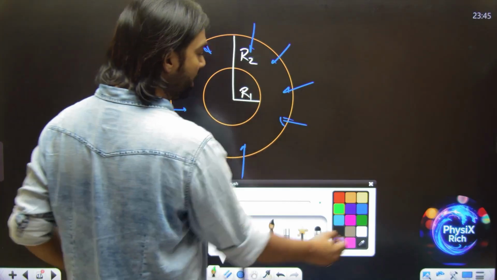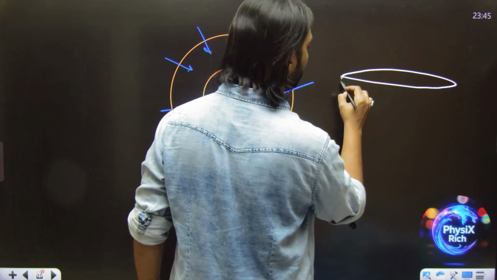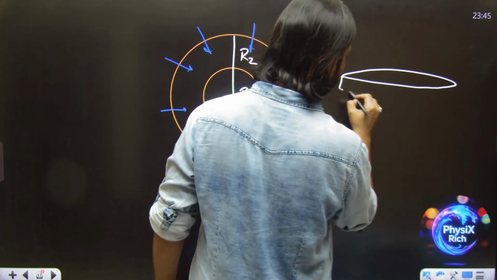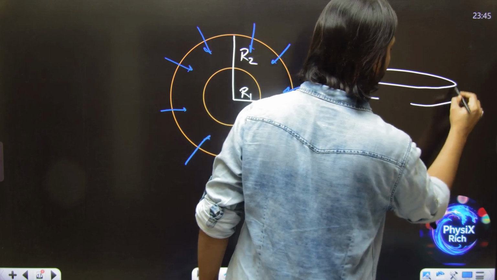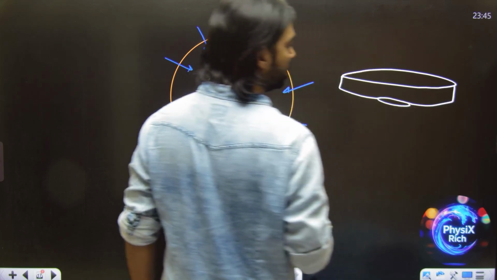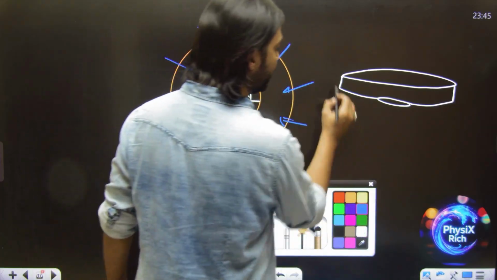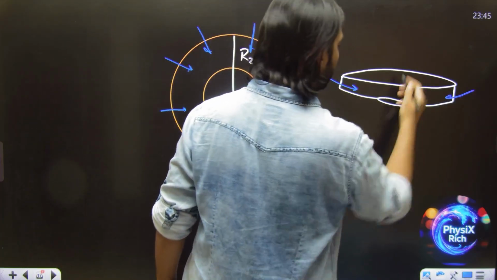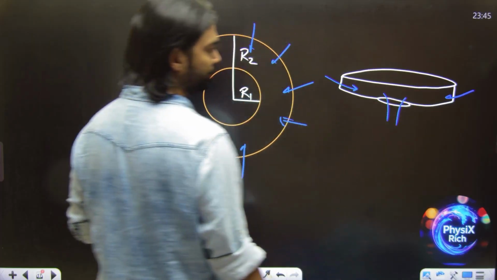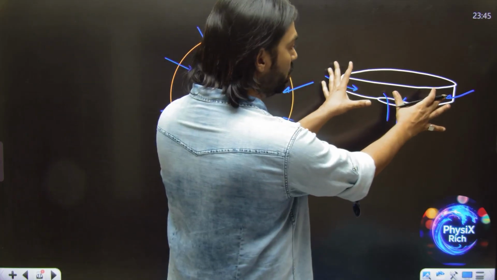But if you were to make the side view, you know what it will look like? It will look like this, and then there will be a hole over here. Water would be gushing in from the sides like this, and then it will be pouring out from here.